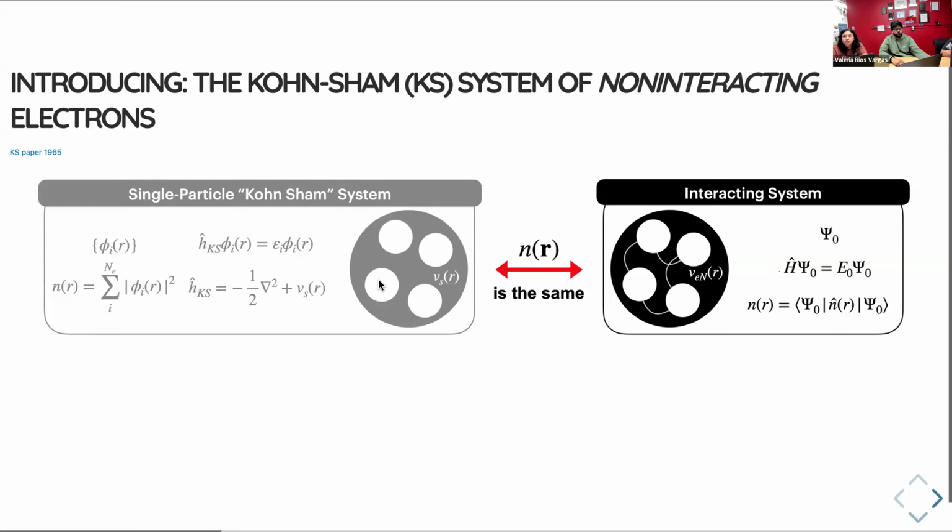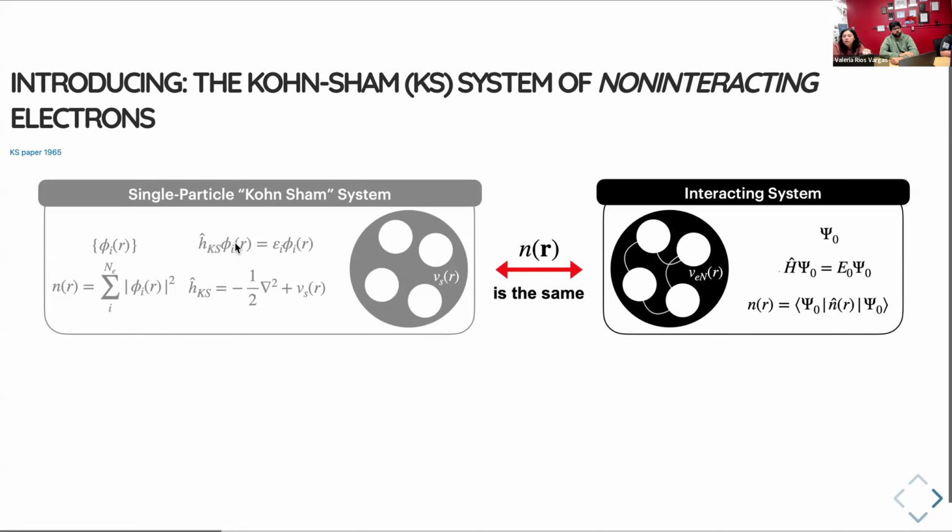In the Kohn system, each electron, because it's independent, is related to a one-particle Schrödinger equation that we have written in this slide. We have the single-particle Hamiltonian of the Kohn system, and psi i, which are the Kohn orbitals.